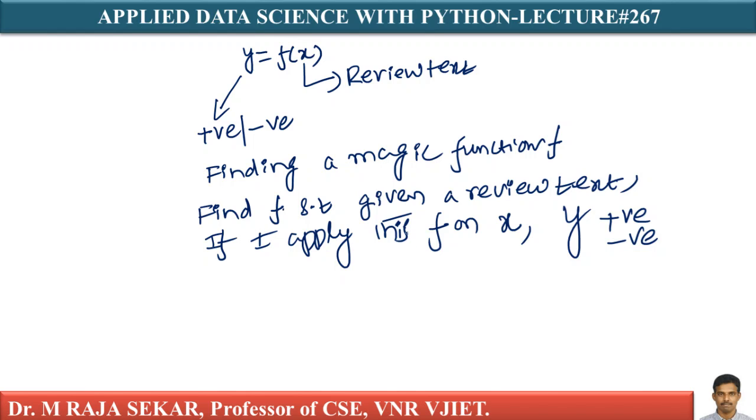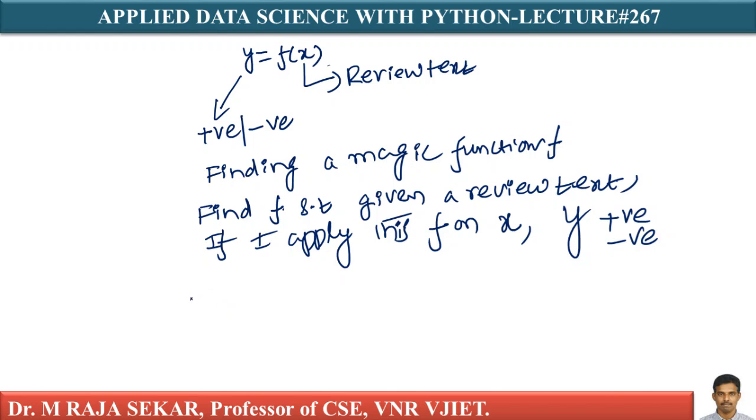This is the crux, the central concept of all machine learning algorithms. I can say y equal to f of x, where x is review text, f is the function, and y is whether it is a positive or negative review.